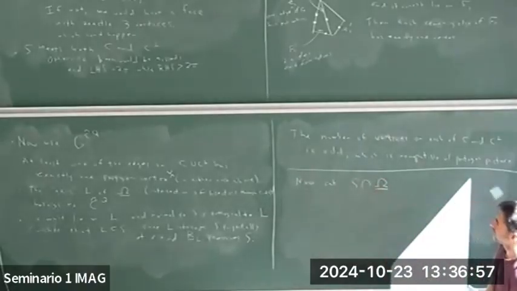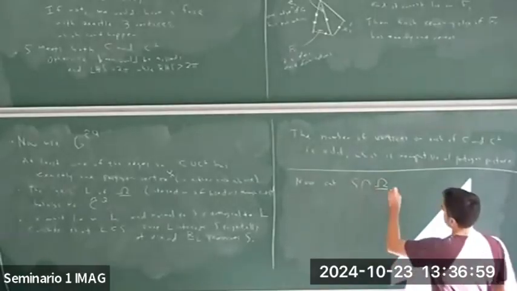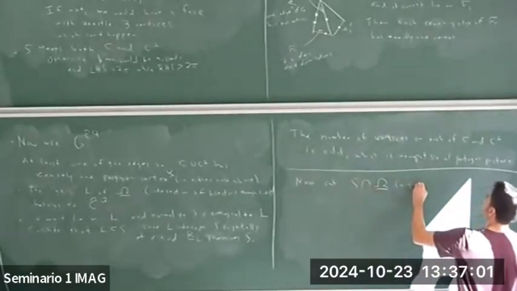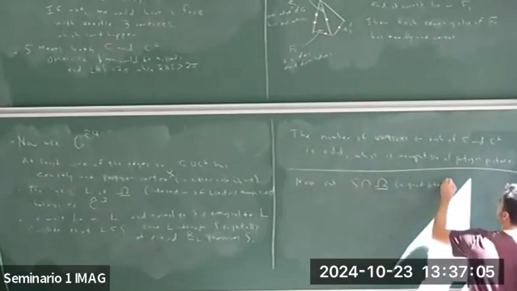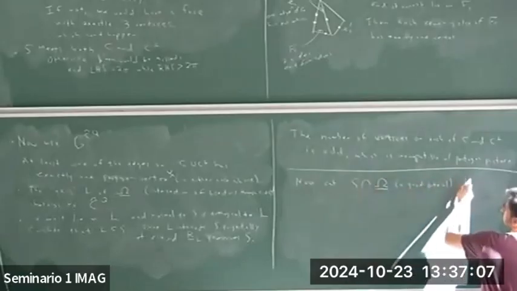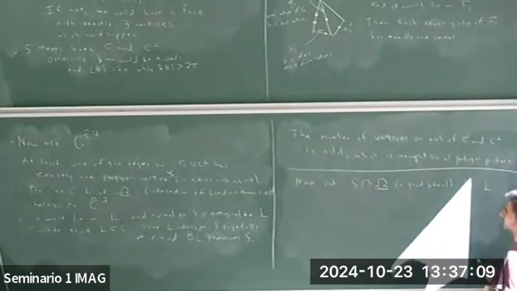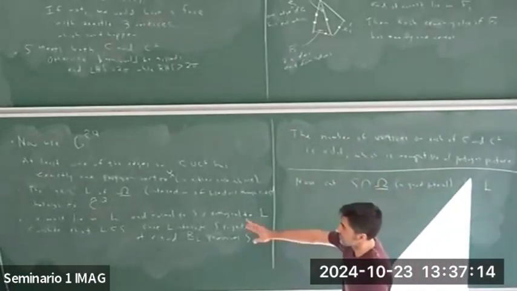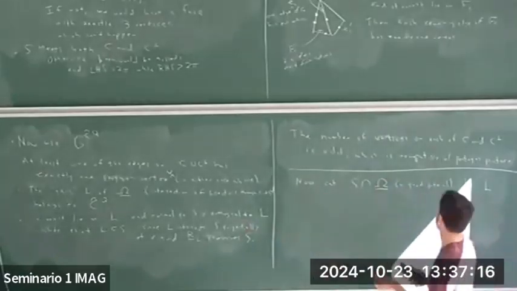Okay, so I have this quadrilateral. I'm going to cut out L, and from this information, I know that I cut into two triangles.